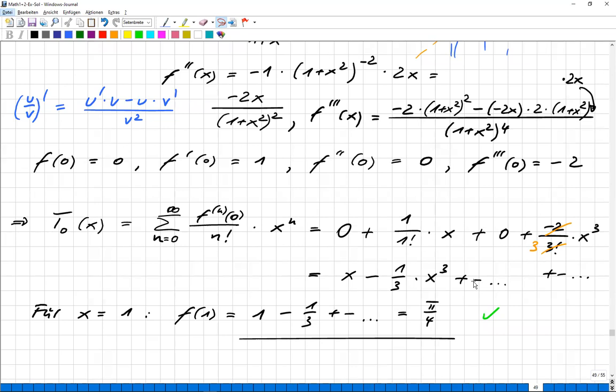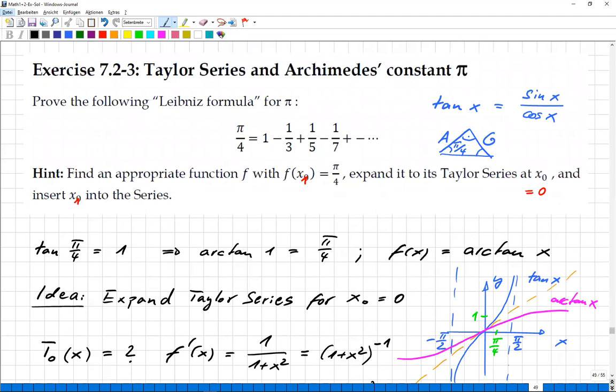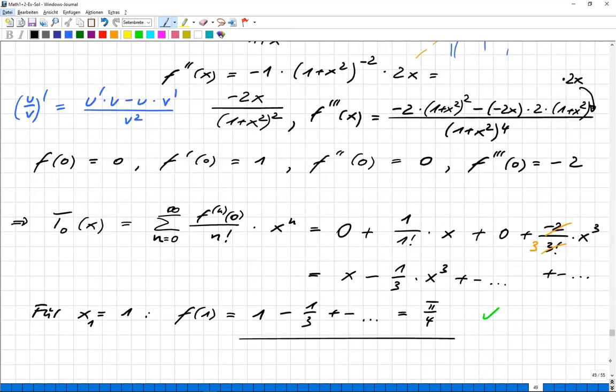And now that's why it makes sense to insert x equals 1 this time, which we called x1, like in my modified hint here, where we found out that this is a good starting point for the whole procedure. Inserting 1 for x, all these power terms get neutral: 1 power 3, 1 power 5, and so on, always 1. And all that remains are these alternating reciprocals of odd numbers in the form of 1 minus 1/3 plus 1/5 minus 1/7 and so on.